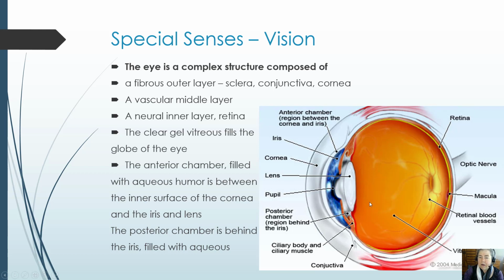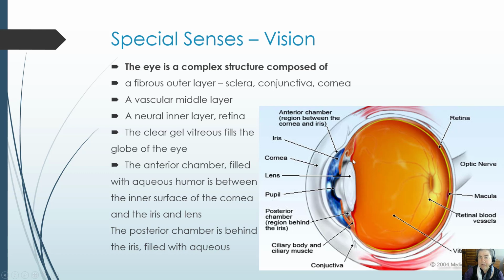And then there are some really important structures anteriorly. There is a fluid filled space called the anterior chamber in front of the iris and pupil. There is a fluid filled space behind the iris and pupil that is called the posterior chamber, and the fluid in there is continuous, runs between them.